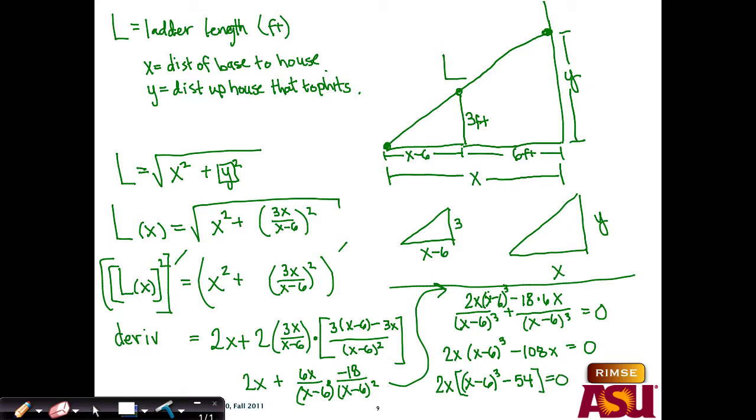I can set each factor equal to 0. The first factor, 2x equal to 0, would mean x equals 0, which is not allowed. X can't be 0, it has to be at least 6. So it's not this part that's going to help. It's going to be the rest of this. X minus 6 cubed minus 54 equals 0, which means x is going to be the cube root of 54 plus 6.